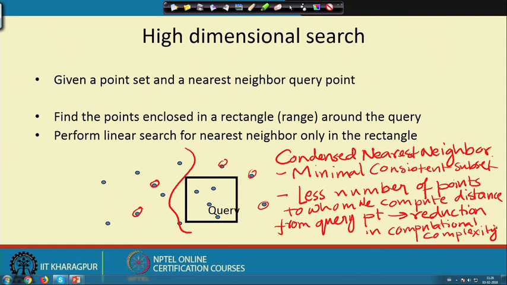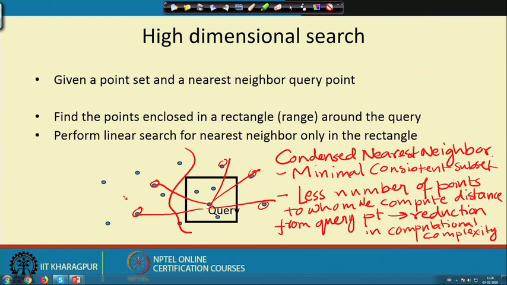There is one more factor that determines this computational complexity. It is not just how many points with which you are finding the distance; each distance computation takes more time if the dimension of these instances is high.